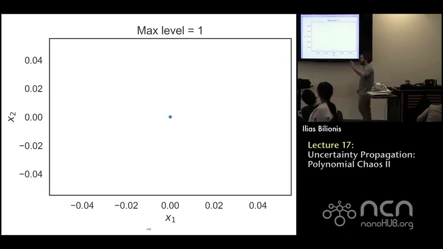Now we start with a one-dimensional quadrature rule that is nested, and everything happens in levels. This is the first level of the Smolyak quadrature rule in 2 dimensions. It's just 1 point. The underlying quadrature rule is basically the CC quadrature rule, and I'm going to start increasing the level and introducing more points. First at the center. So the first level of the Smolyak quadrature approximates your function as a constant.